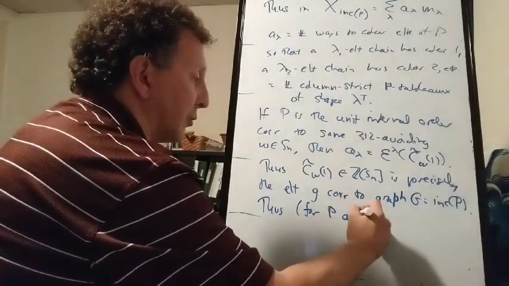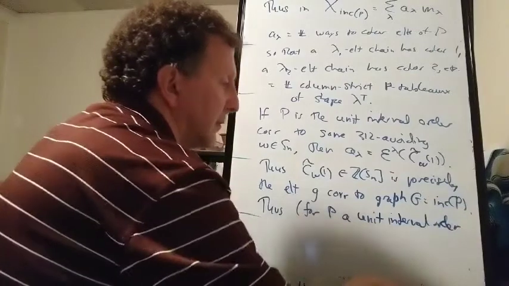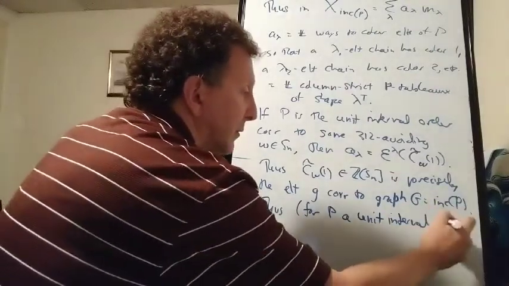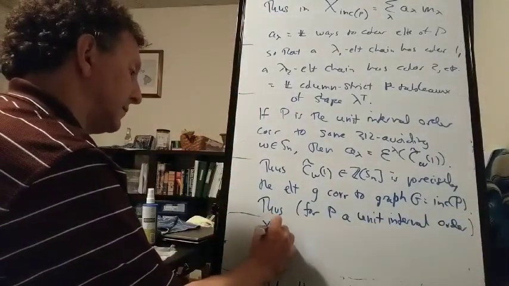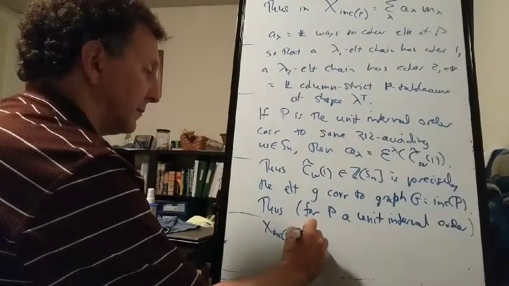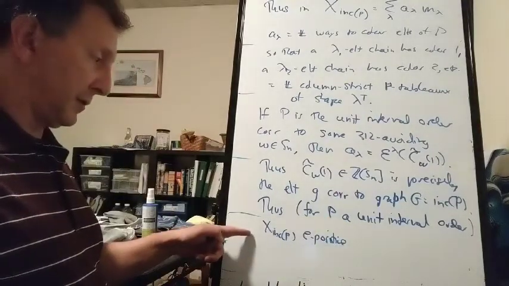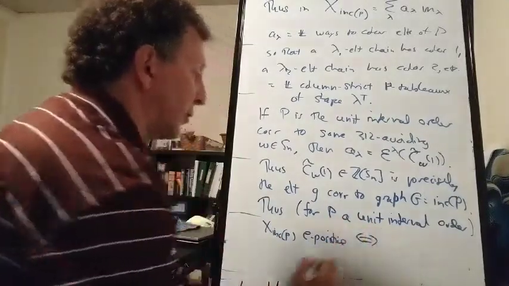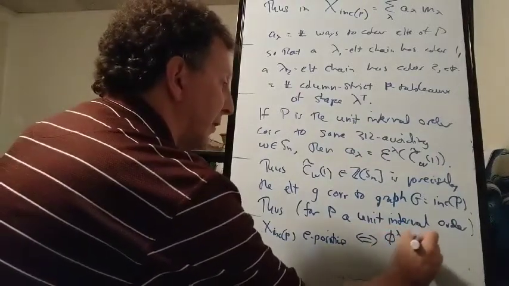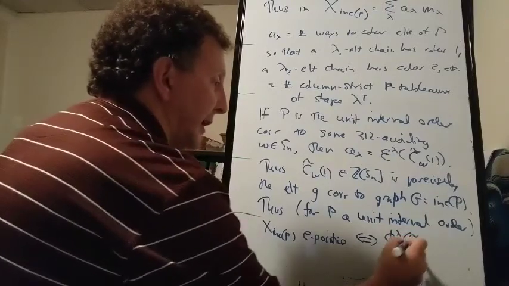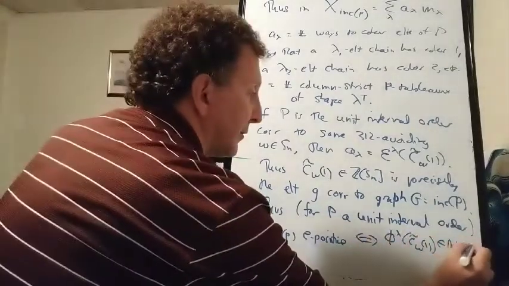Thus for P a unit interval order, the chromatic symmetric function being e-positive corresponds to all of the monomial trace evaluations at this one Kazhdan-Lusztig basis element being non-negative for all lambda.